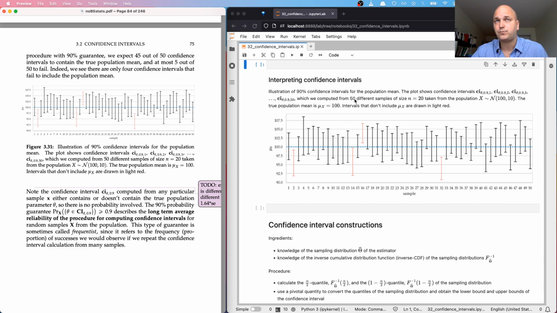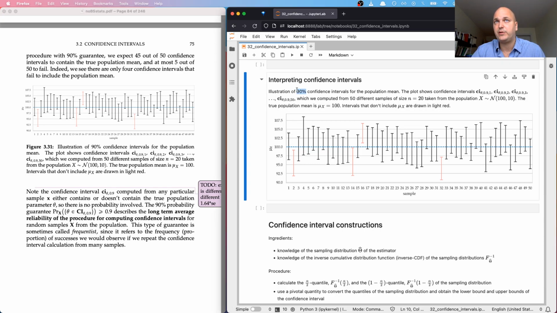From each of these samples we computed a confidence interval, which you can see with this interval notation from here to here. The goal is that 90% of these confidence intervals we computed from the individual samples will contain the true parameter, the mean 100.